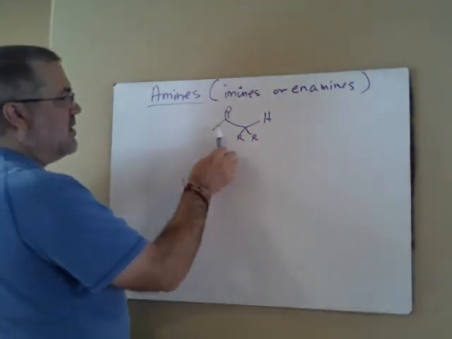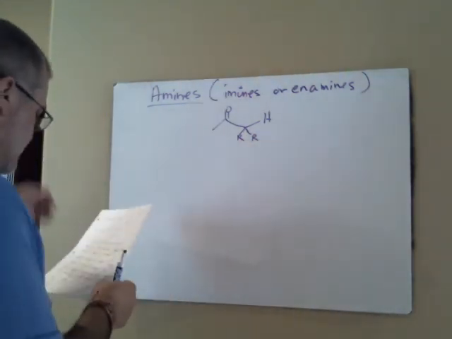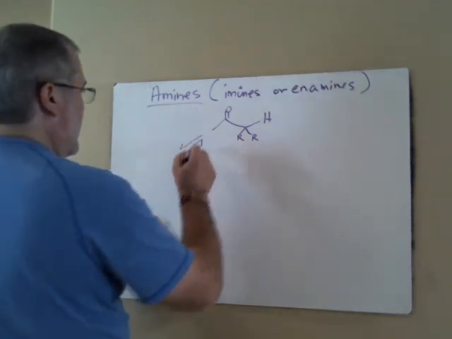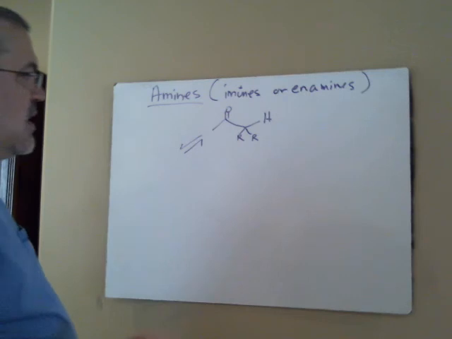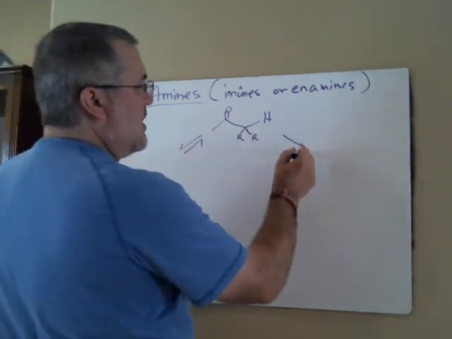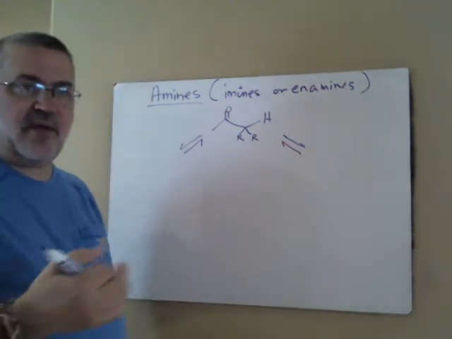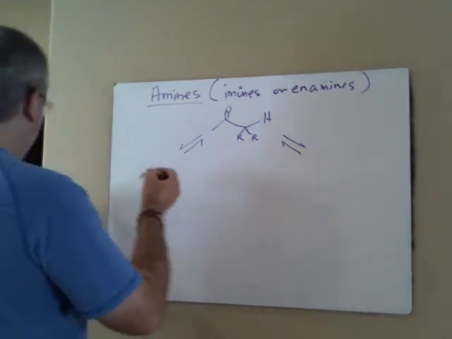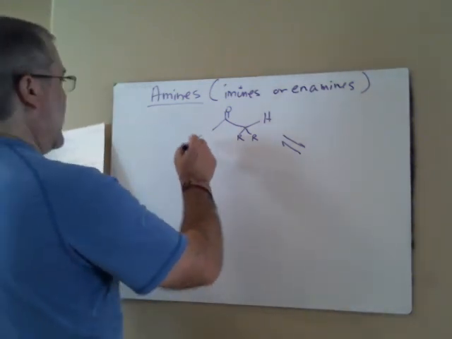So here is a ketone, and I can react it with an amine. And by the way, as you can see right away, these reactions we're going to talk about are reversible because the amine can easily go on and come back off. Okay? But there are two different things we have to look at.